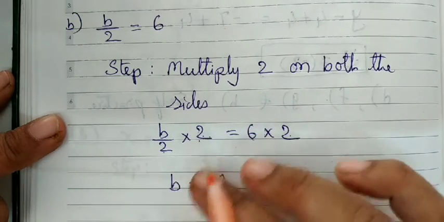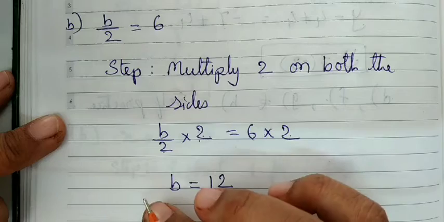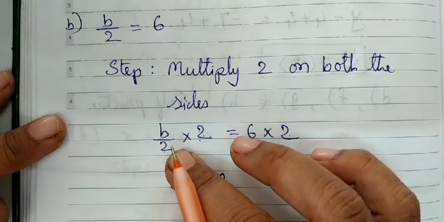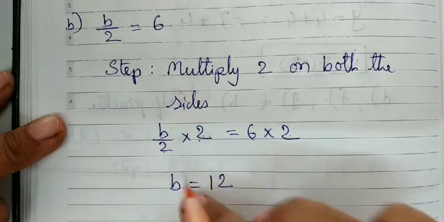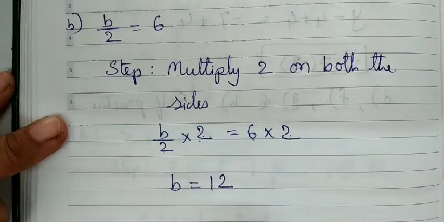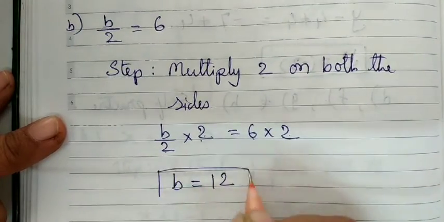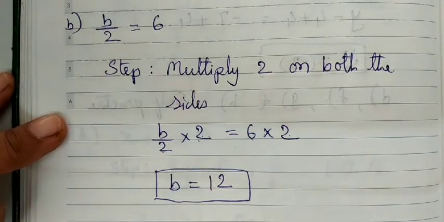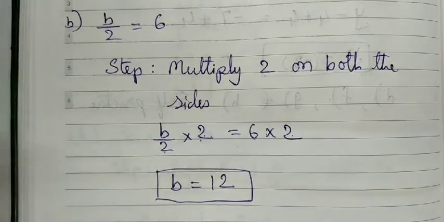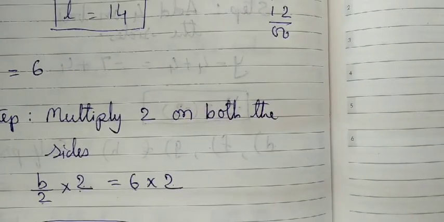And in multiplication and division, when a number is multiplied by its multiplicative inverse, the number left is 1. So here B is equal to 12. Is that clear? Similarly, we are going to solve the other sums given in this question.